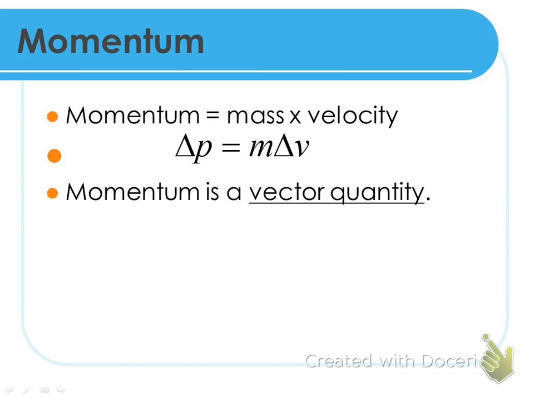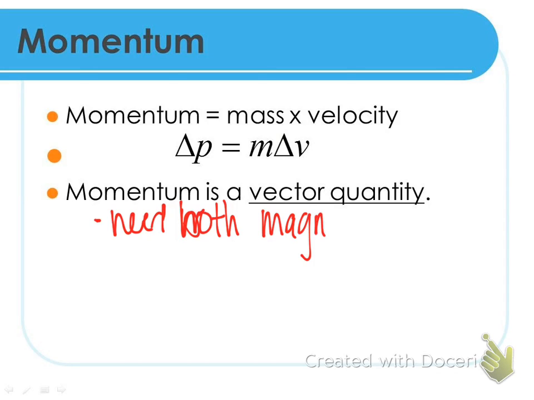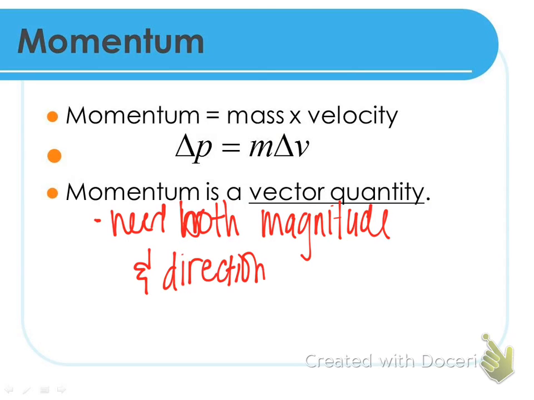Okay, which of these components of momentum is considered a vector? Okay, mass is not a vector, velocity is a vector quantity, which is why momentum must also be a vector quantity.